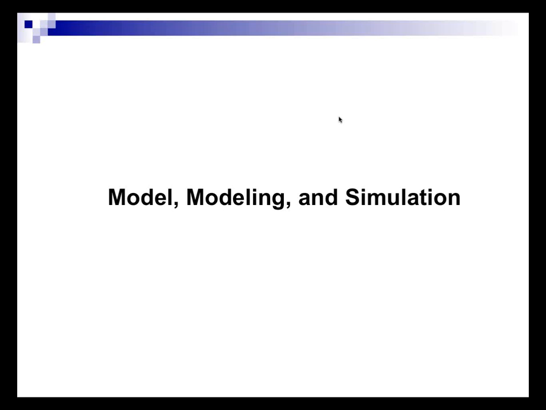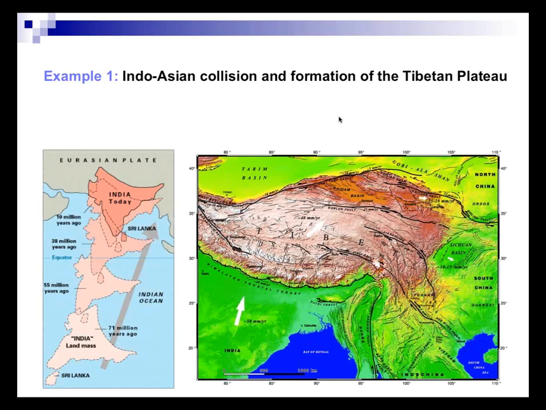So let me give you a couple of examples here. Because I study the Tibetan Plateau and Asian tectonics, maybe we can start from here, because it's part of my model building process. And here is the Tibetan Plateau, the largest plateau on Earth today.